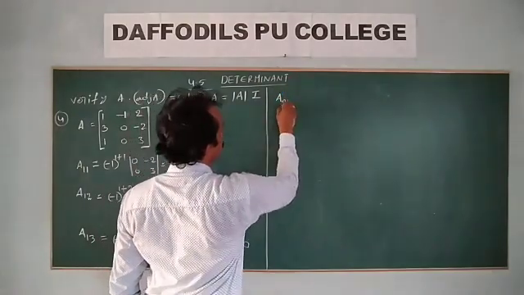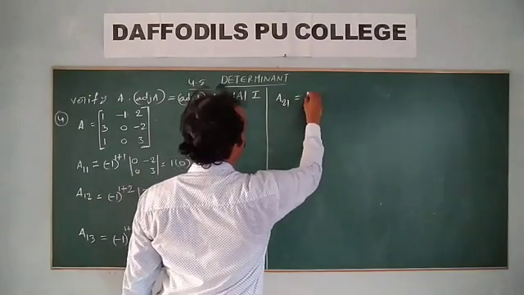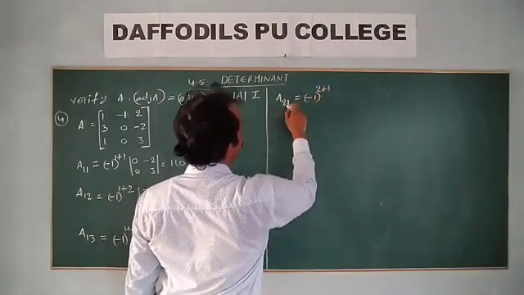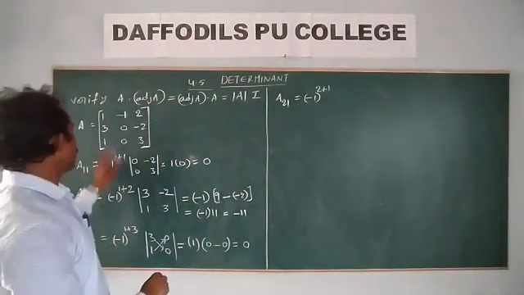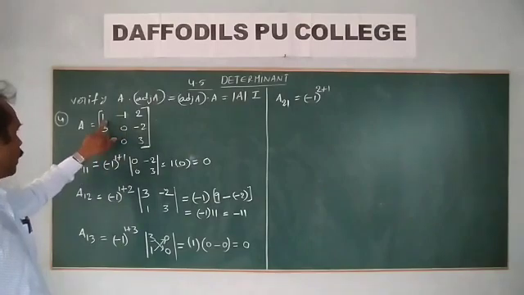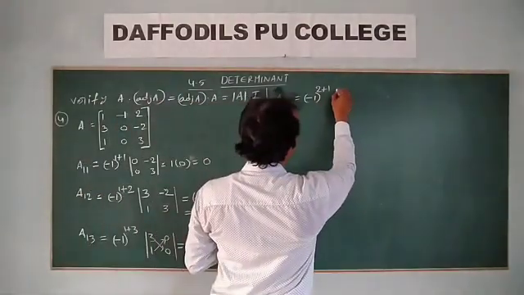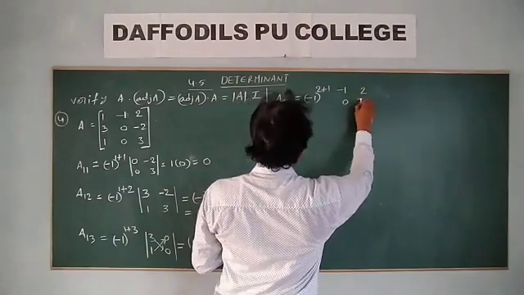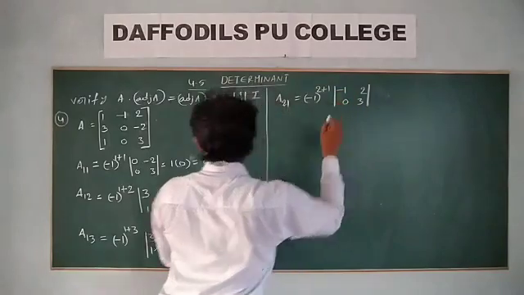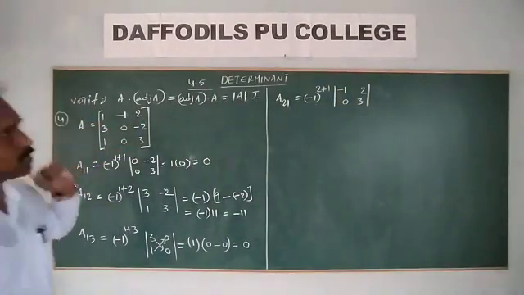A21 is equal to minus 1 to the power of 2 plus 1, the suffix values, into its minor. Deleting this row and this column, the remaining elements are minus 1 2, 0 3.